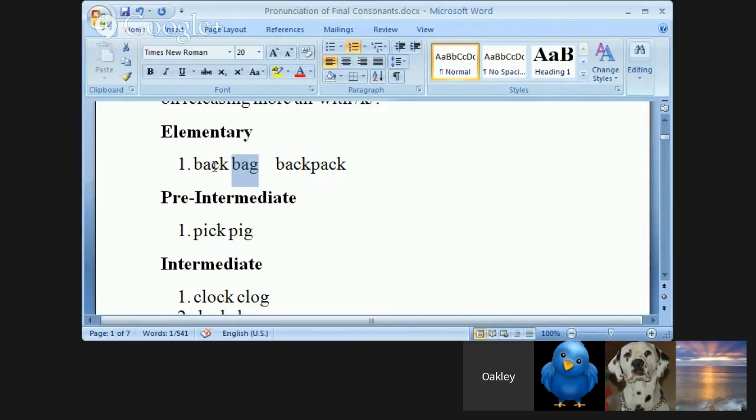But when I reverse the order here and put them together, bag, back, bag, back, you don't hear a vowel sound after. It's just a very quick g, and then straight to the B sound. So again, I'm doing the same thing, basically. I'm not dropping my tongue down, which creates that extra g sound. Okay?